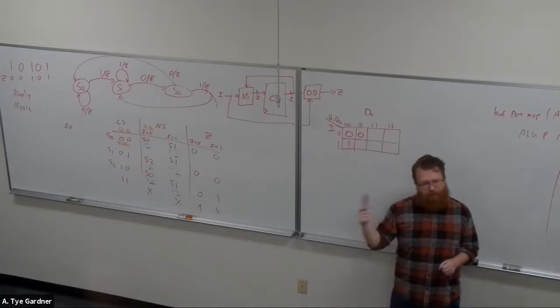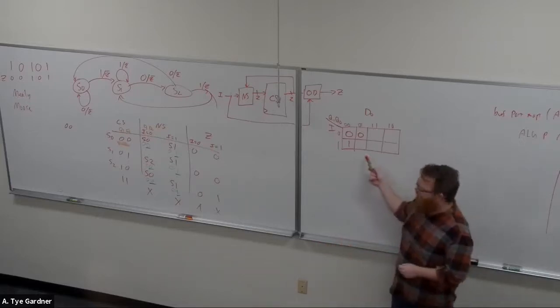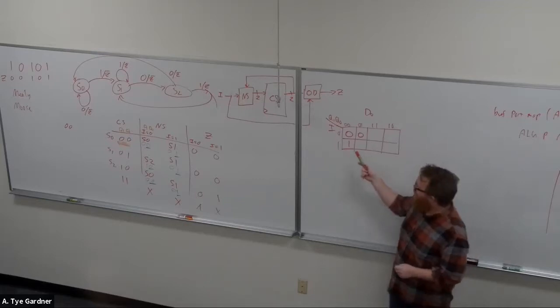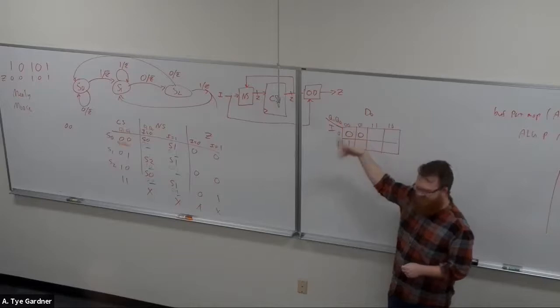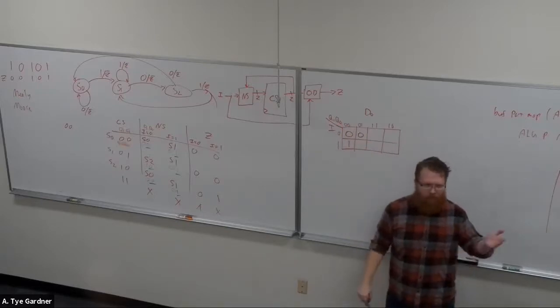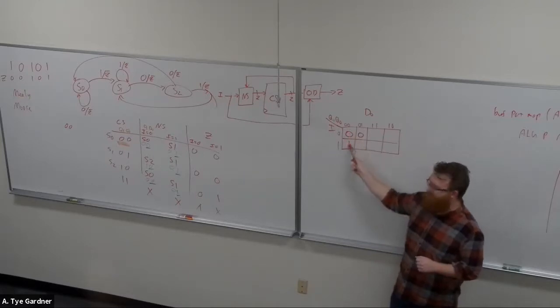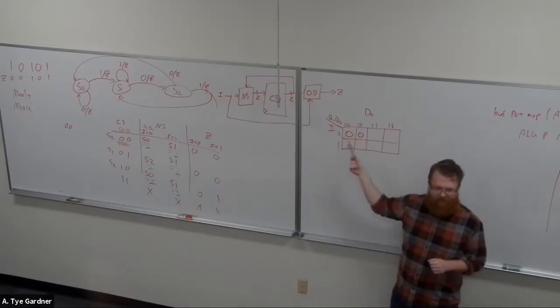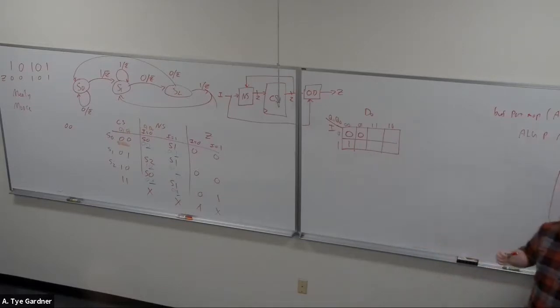However, it is possible to draw the K-map in a different way. But I don't like it because if I put I here, then it gets a little twisty. It works, you can do it, but I like this one because once I've done the first 2 and verified that it's worked, the rest of this actually takes me like 3 seconds. And I'll show that after you guys have a moment to finish this K-map.